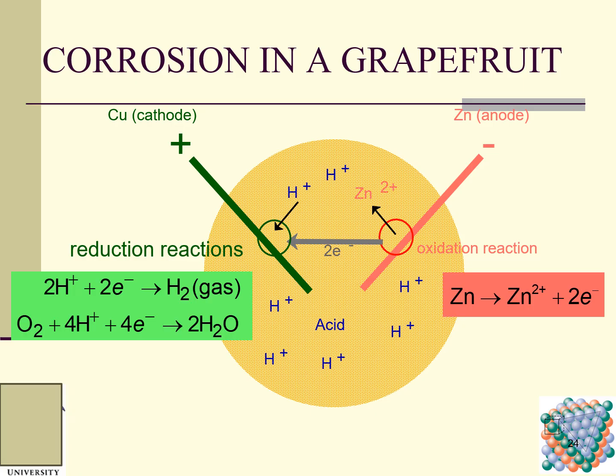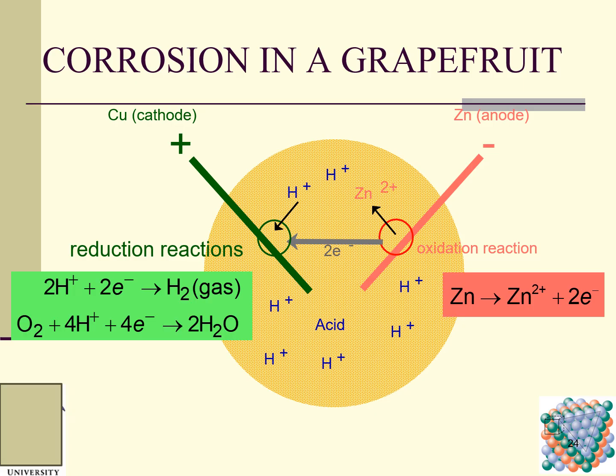So here is the zinc anode that corrodes. This is the cathode, and here is the reduction reaction. This is the electron, and this is the anode. The 2 electrons come here, and then there is reduction and corrosion, and they are the opposite.